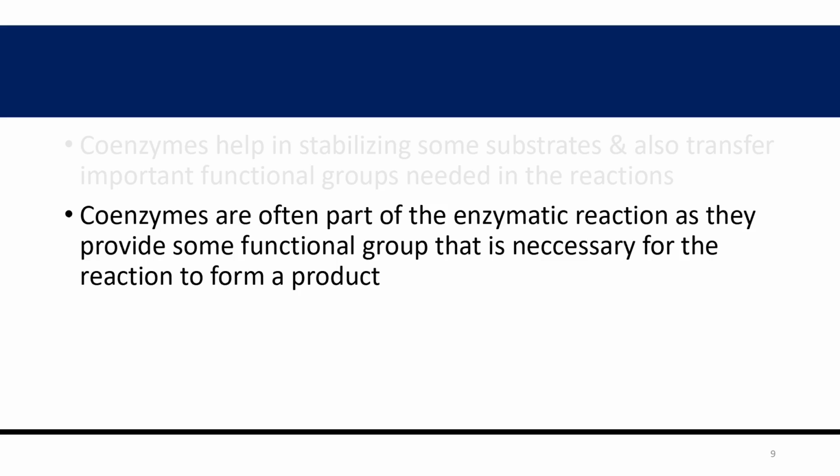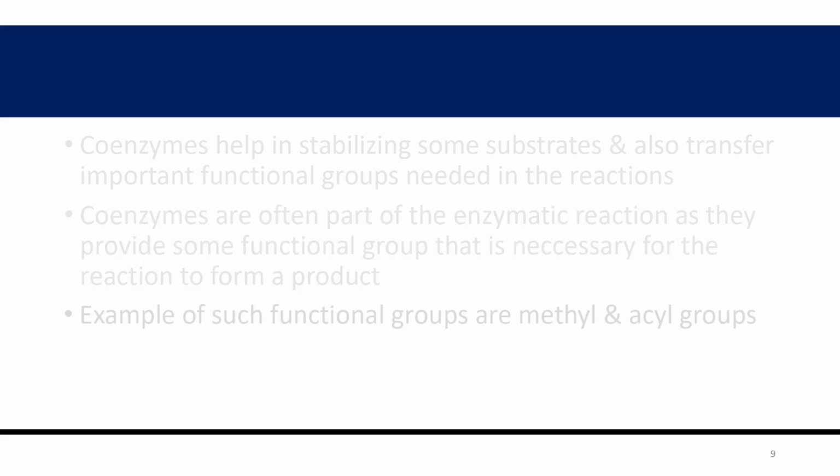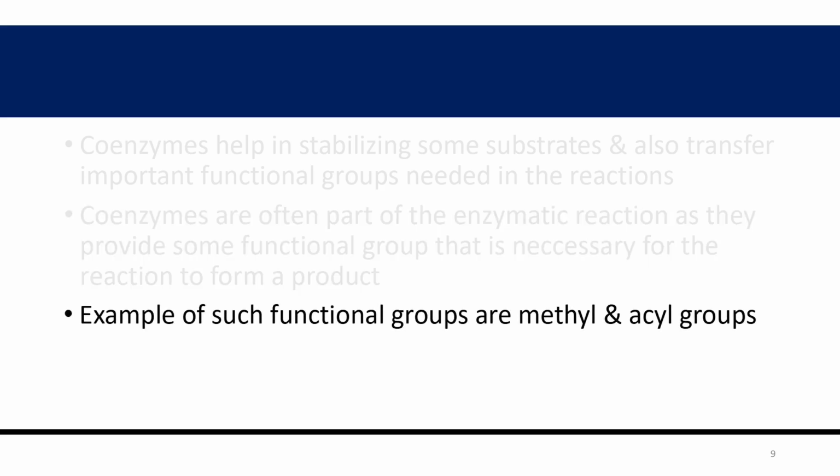So they have a component that they donate or a component that is important for that metabolic activity to take place. So examples of some of the functional groups that a coenzyme may donate or make available as a component of its own structure are methyl groups and acyl groups.